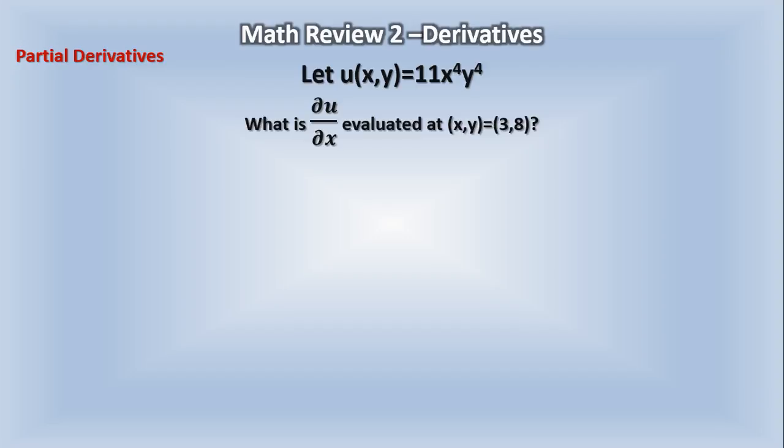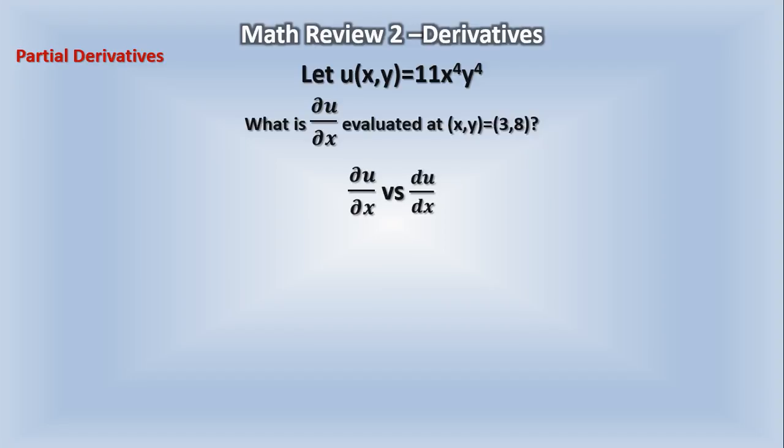So that's what we're looking for here. Basically, at the point (3, 8) on our indifference curve that relates to a certain level of utility, what is the extra utility you gain from consuming one additional unit of x and not consuming more additional units of y?